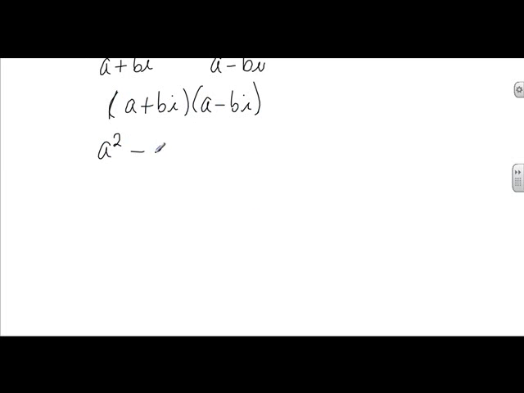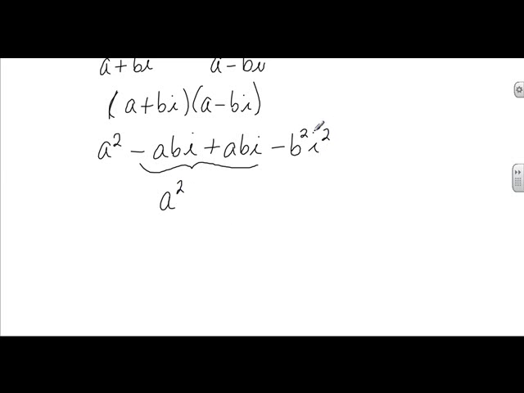Outer two terms would be minus a times b times i. Inner two terms would be plus a times b times i. And the last two terms will be minus b squared i squared. So your middle two terms are going to add together to give you 0.